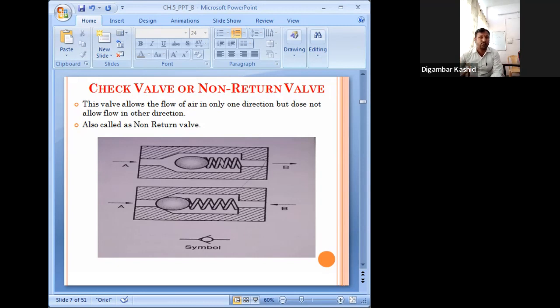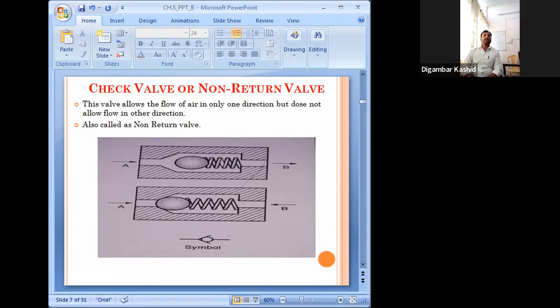That direction is this one. You can see, due to the pressure of the compressed air flowing inside this valve, the spring will compress, and due to that the fluid will pass through this valve. If you go this way, it is not possible to flow in the other direction. So this is the standard symbol.